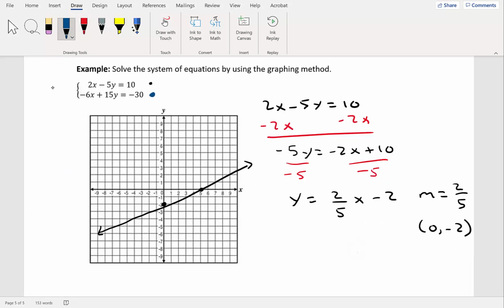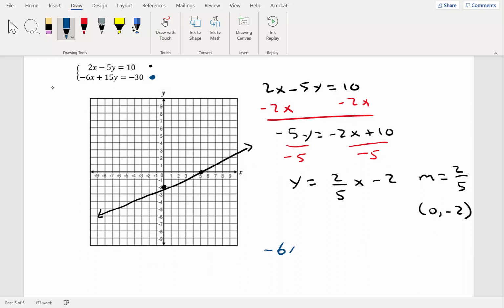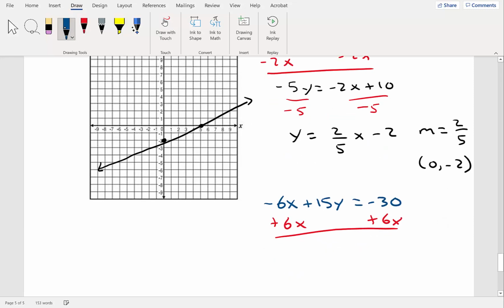Let's take a look at the other equation. So we have -6x plus 15y is equal to -30. So let's get this into slope-intercept form. So add 6x to both sides. This gives us 15y is equal to 6x minus 30. And now divide both sides by 15.